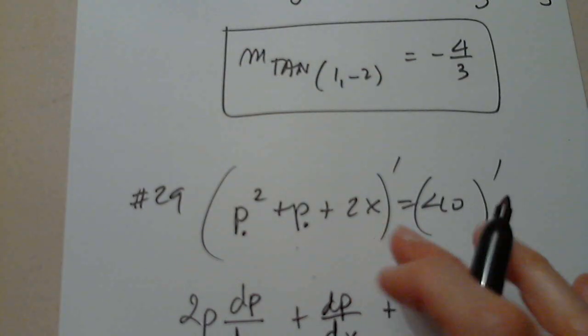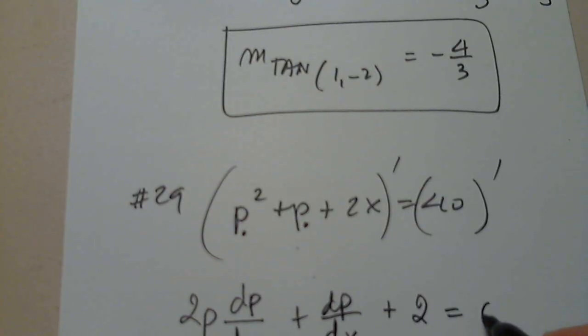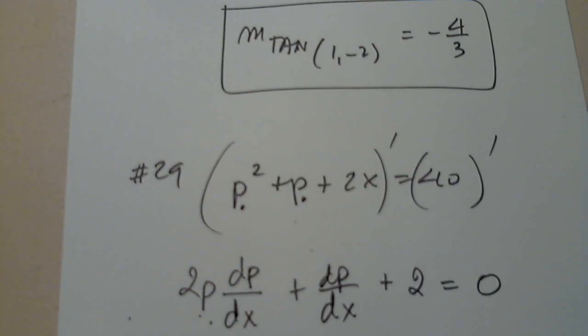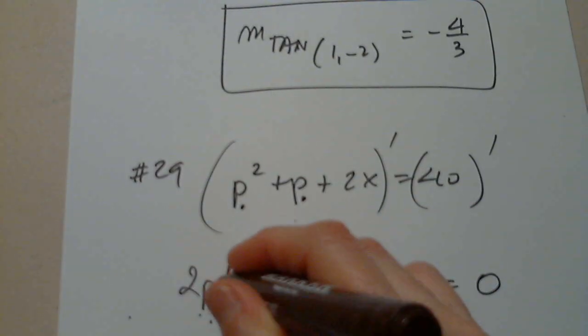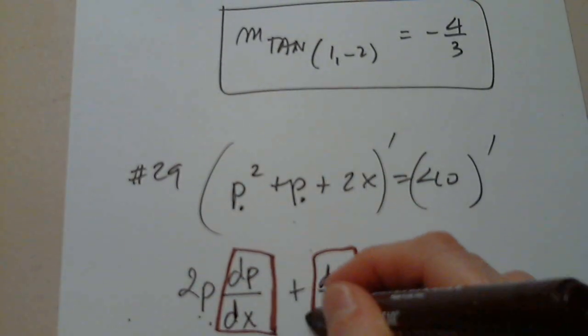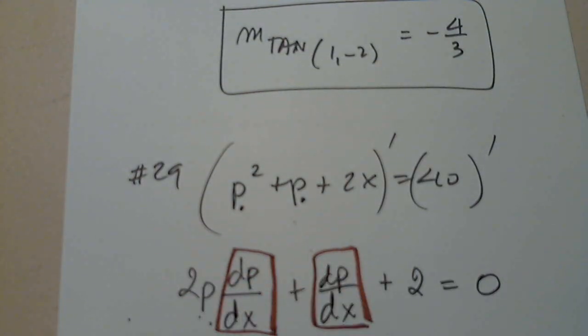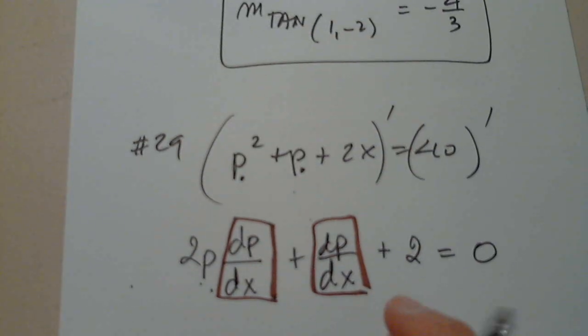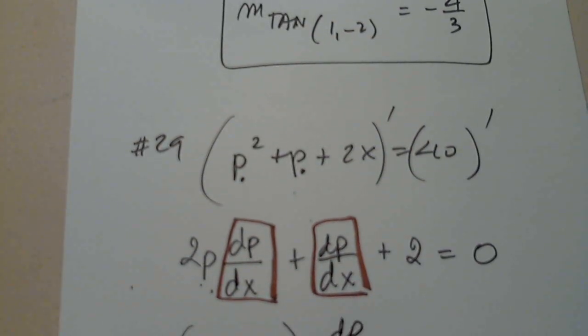Plus 2 equals 0. Remember, we are after this. This is our variable. These are not like terms. I cannot combine them. If I cannot combine them, that's fine. I can still continue and move 2 to the other side.